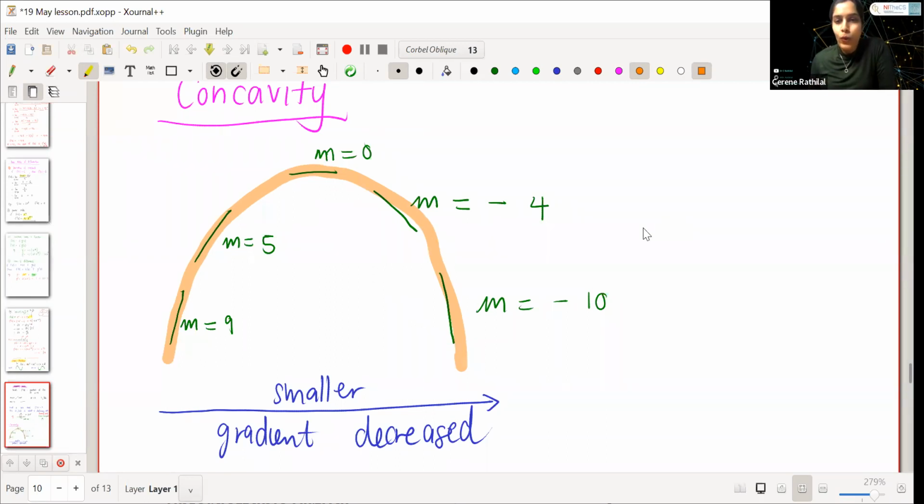This is called concave down. Whenever the gradient is decreasing from left to right, we regard this as a concave down shape.